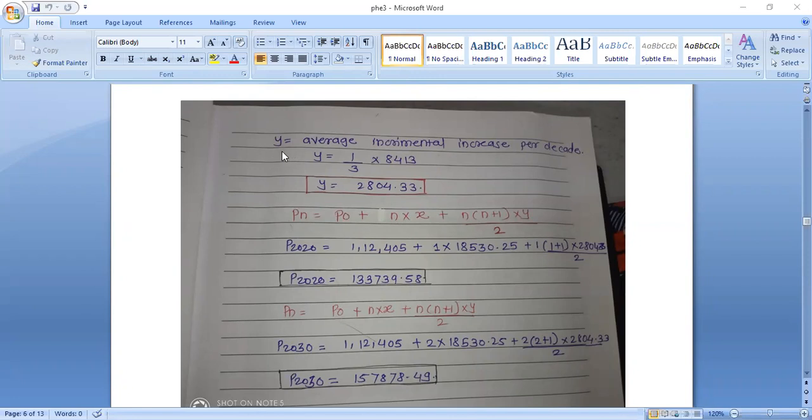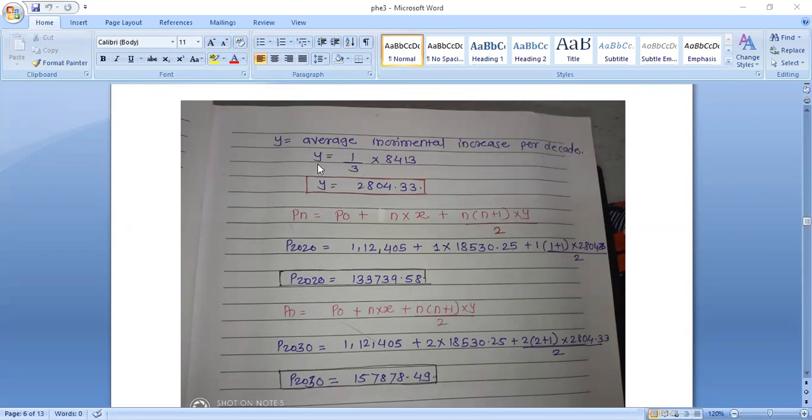Now what is y? Y is equal to average incremental increase per decade. X means average increase per decade, and y means average incremental increase per decade.